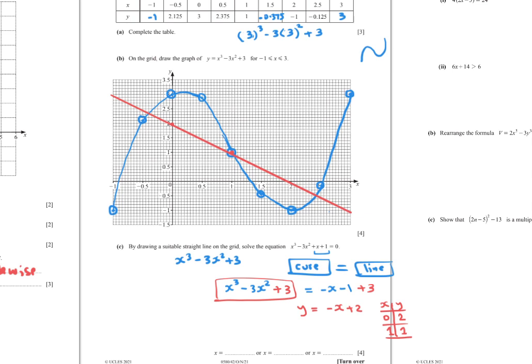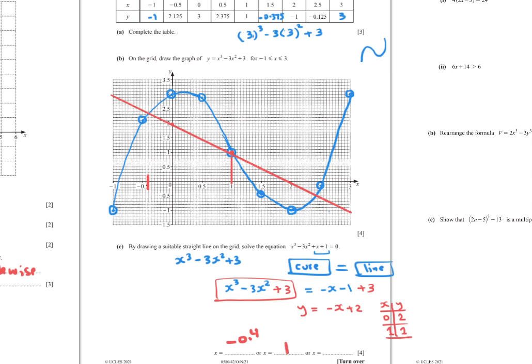The first solution is negative 0.4. We have a range for this type of question. The second solution is 1.